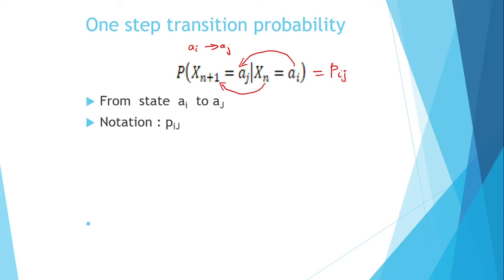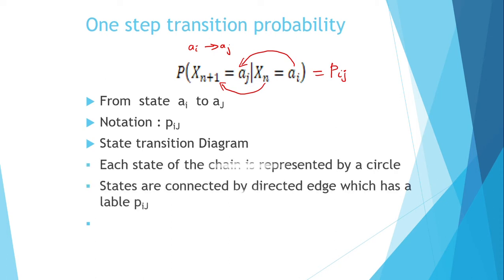The diagrammatic representation of the process is called a state diagram. It is constructed as follows. Each state of the chain is represented by a circle in the diagram, and the states are connected by a directed edge which has the label Pij, that is, the one-step transition probability.